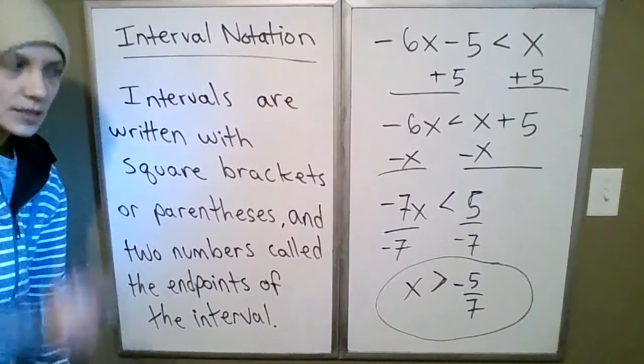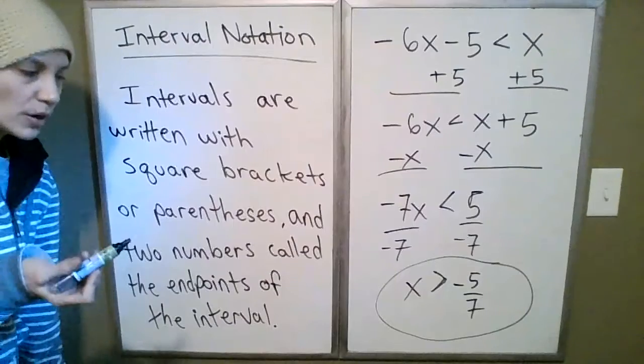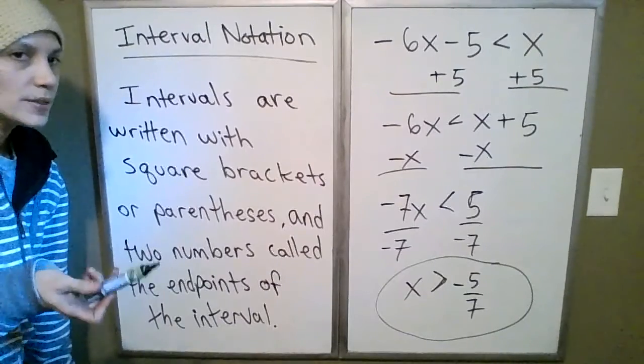First side note is that the smallest number or smaller value always goes on the left.